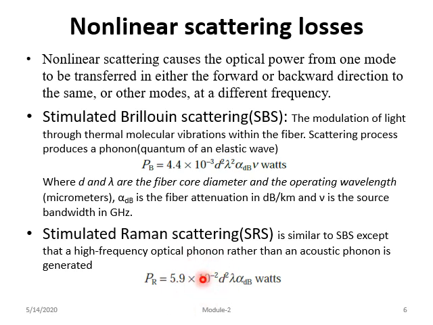So this 5.8 into 10 to the power 2 or 4.4 is obtained from experimental results. They finalized it with respect to the acoustic phenomenon for Raman scattering or Brillouin scattering. So this is how they can explain all the linear and nonlinear scattering laws.